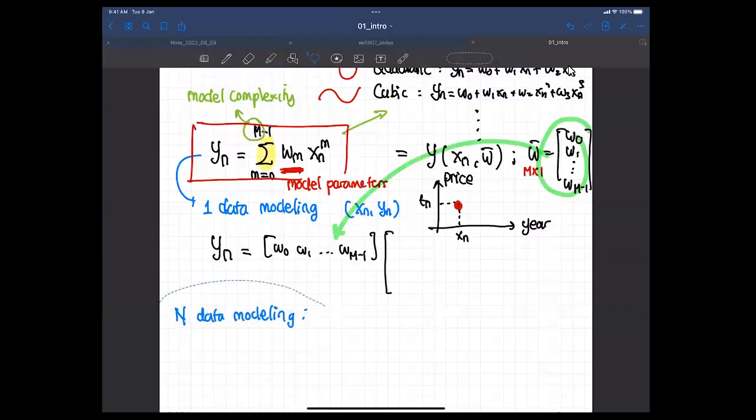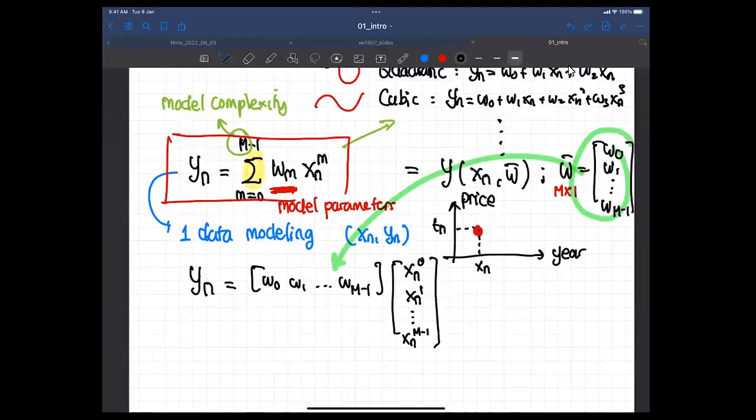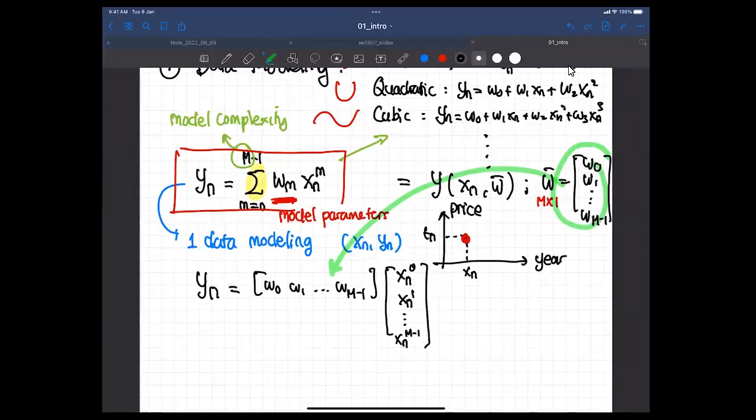That's correct. So if I take the x, then it will be xn power 0, xn power 1, until xn power m minus 1. This will be exactly the same, right? These two here will be exactly the same.